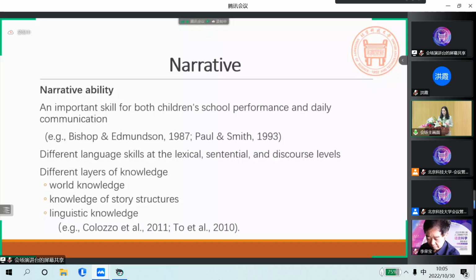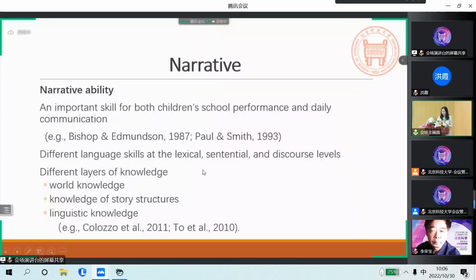The narrative construction usually involves several skills at different levels, such as lexical, sentential, and discourse levels, and production of narrative should integrate different layers of knowledge, including word knowledge, knowledge about story structures, such as the story grammar of a scenario, and also linguistic knowledge, including, for instance, lexical and syntactic knowledge and some cohesive devices.